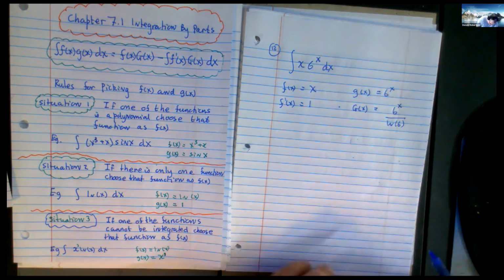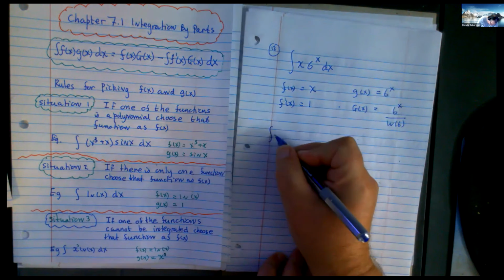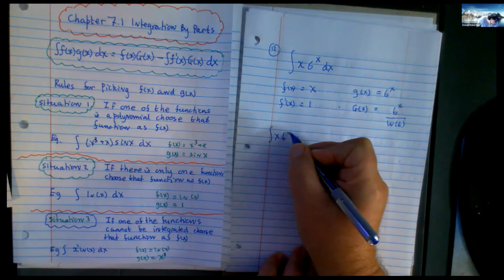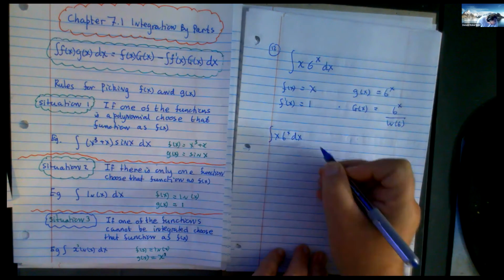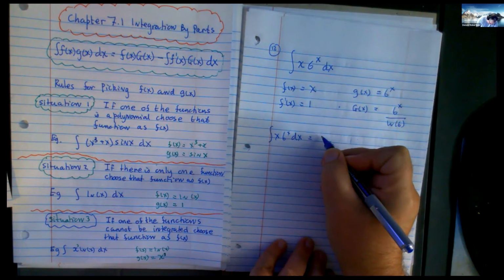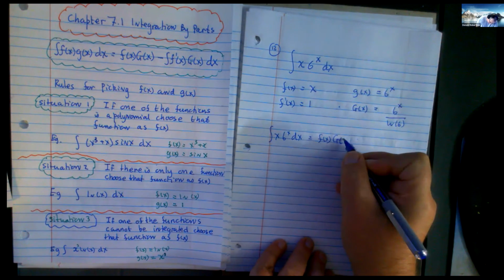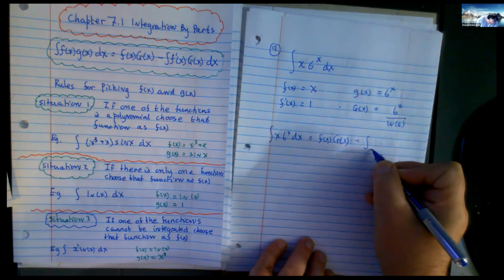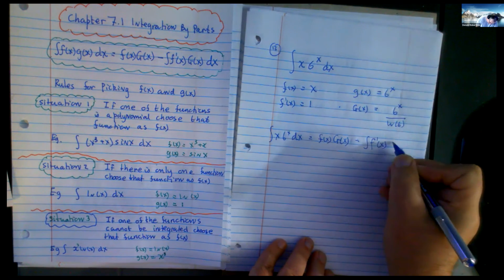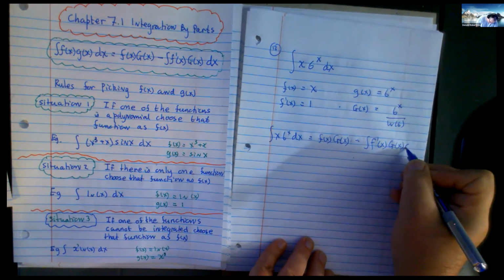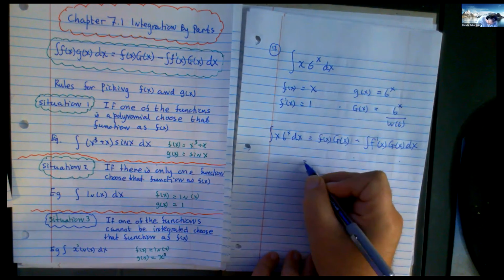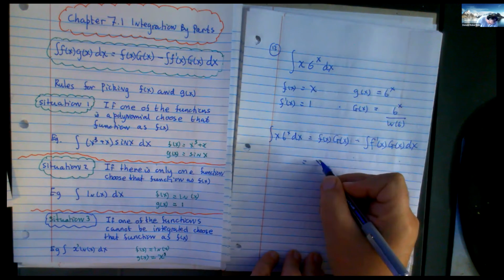So we're good. So we've got x, 6 to the x dx. And it's going to be f of x, capital G, take away the integral of f dashed x, capital G, dx. And this is going to be x, and this is going to be that ugly mess.